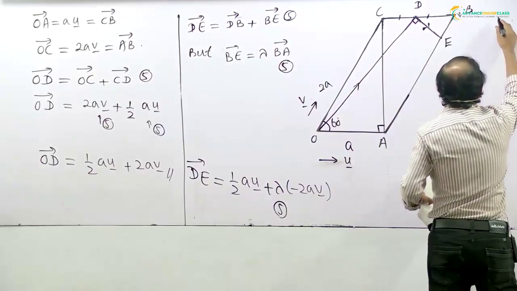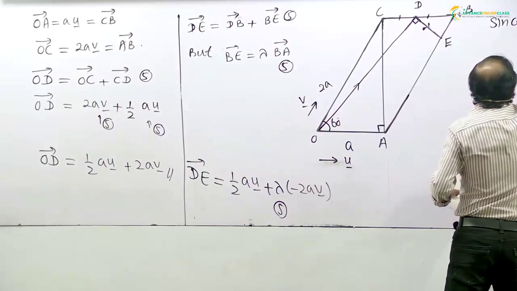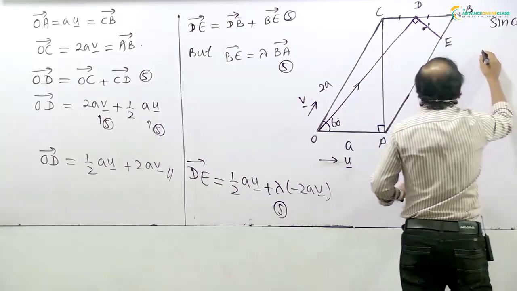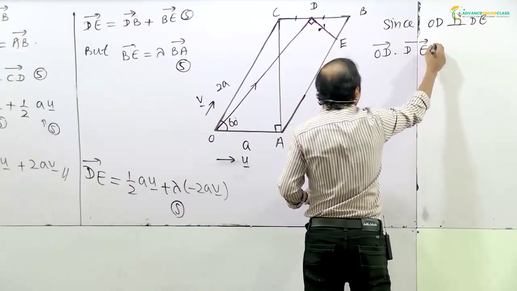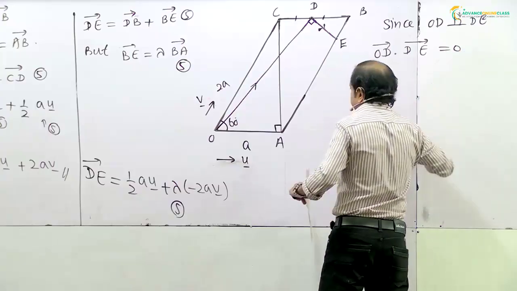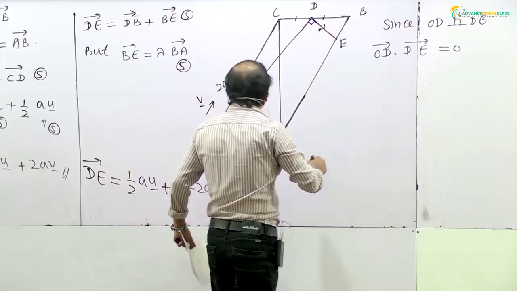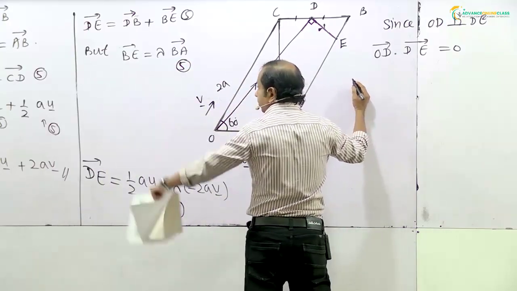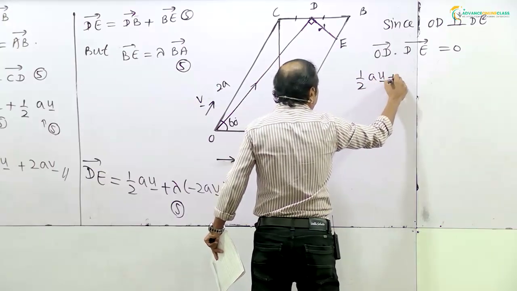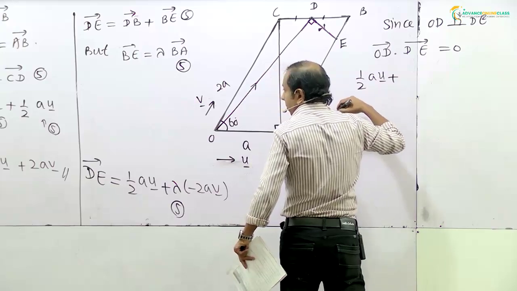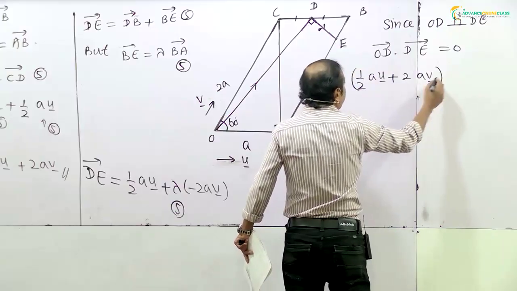You can now write, since OD is perpendicular to DE, OD dot DE should be equal to 0. OD we found earlier, half aU plus 2aV, this into DE.